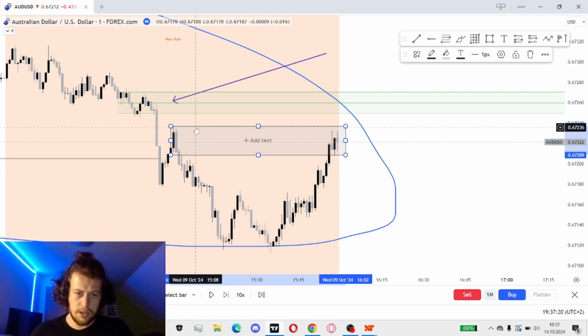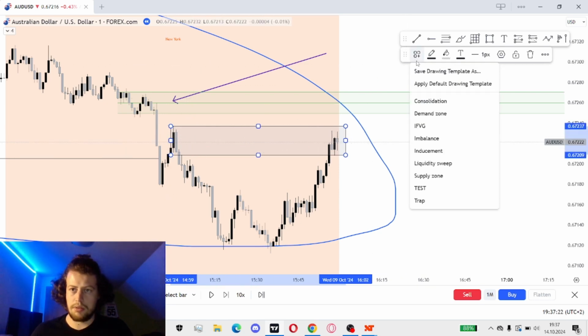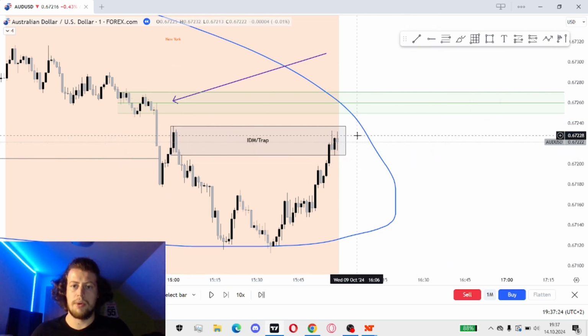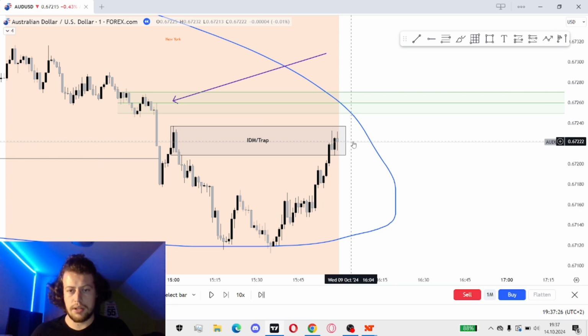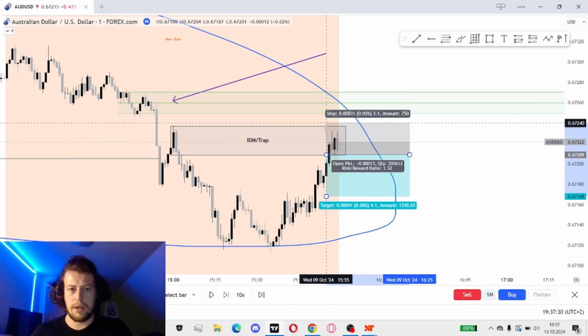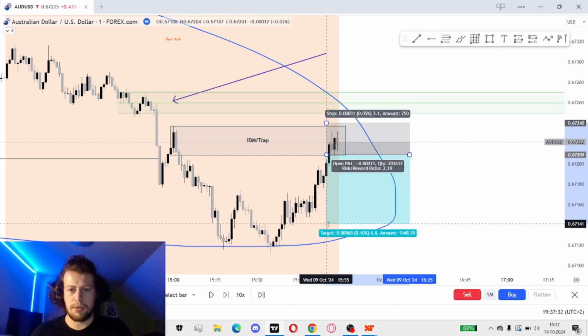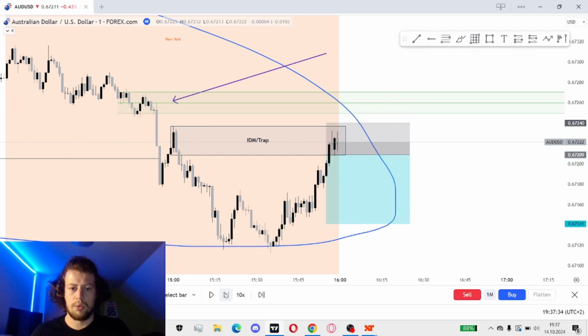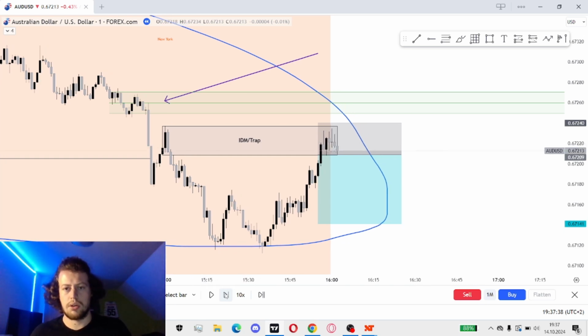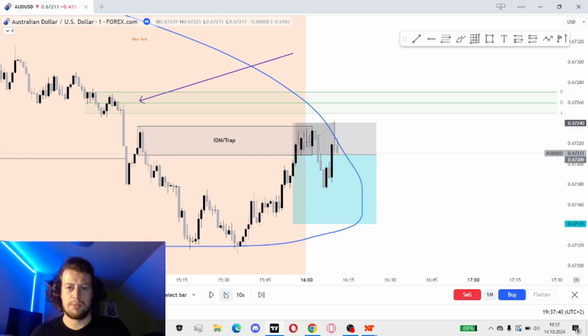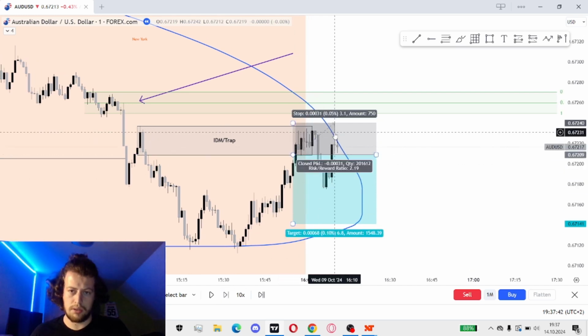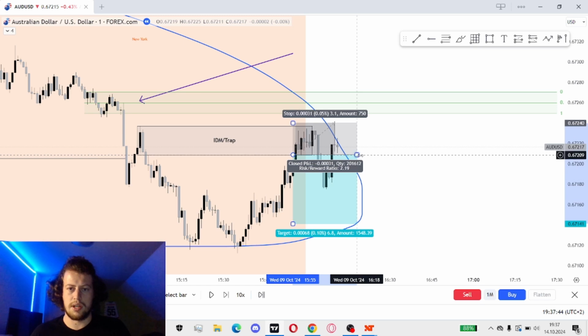So there we have the inducement. It's a trap. Early sellers and buyers will enter, for example, here, have a stop loss here, take profit, for example, here. What is the price going to do? It pushes you, but it moves you out, so your stop loss is hit.